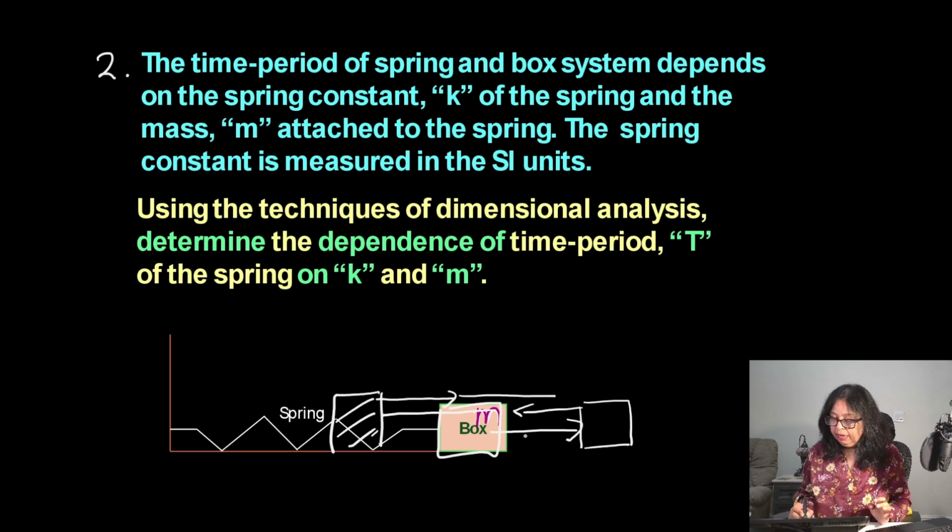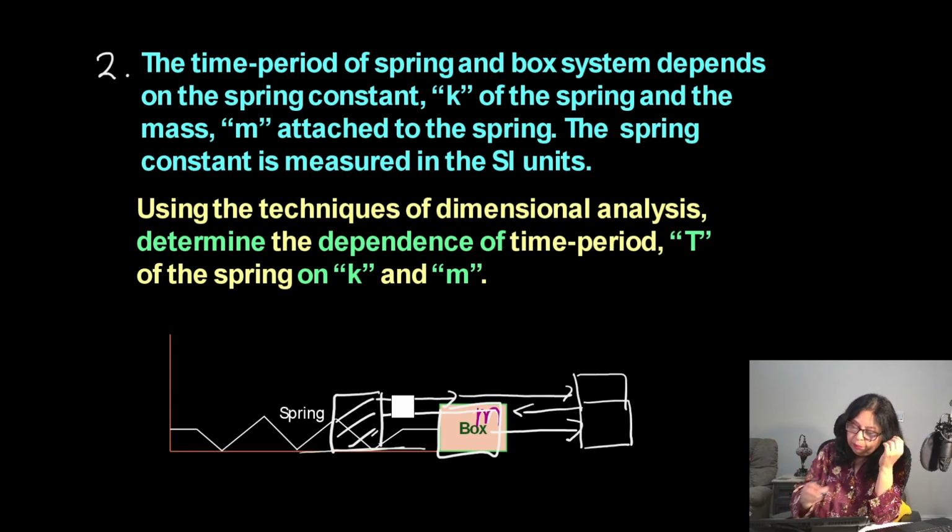And again, it will overshoot and come back to this point. And it will oscillate back and forth indefinitely as long as the surface is frictionless. But we know that in reality, there's no system that is totally friction free. So let's see what the time period means here.